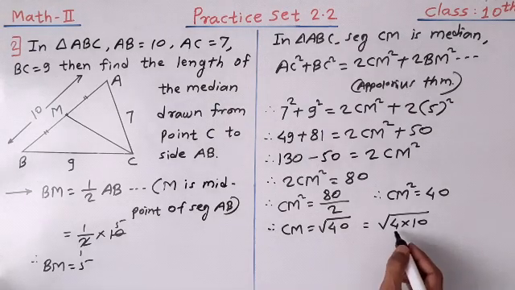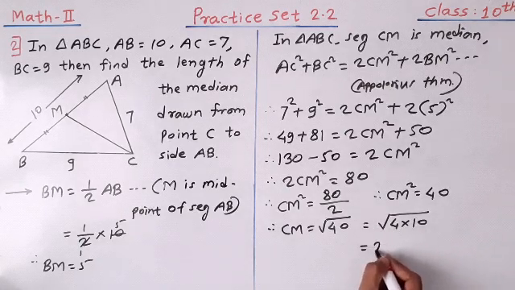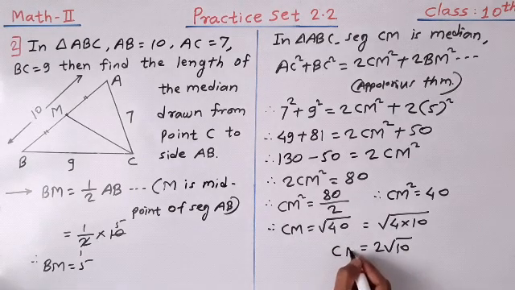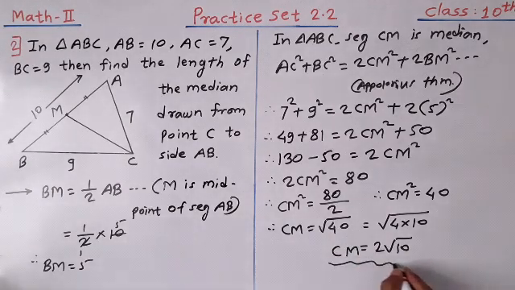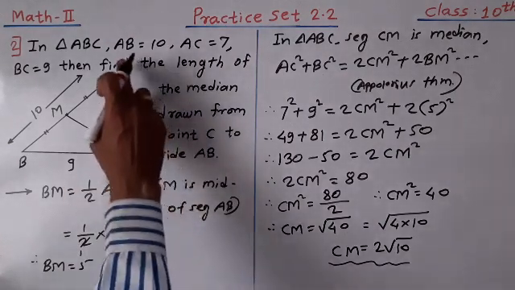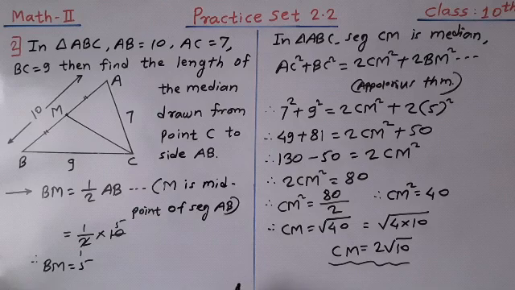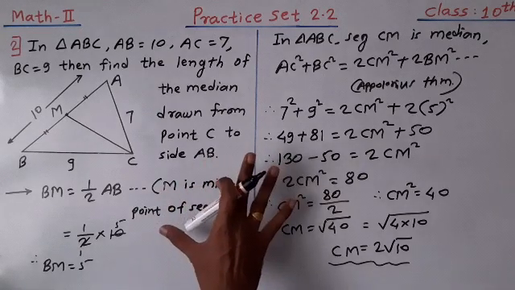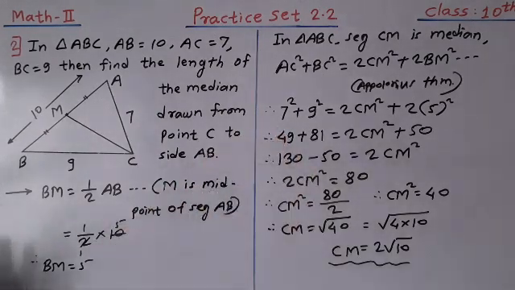This 4 is a perfect square number. It has a square root, so it can be taken outside the square root, and it will be equal to 2 square root of 10. And the left hand side is CM. So in this way we get the length of the median drawn from point C on side AB. So again, by Apollonius theorem we can solve many such examples. I hope that you must have understood it.